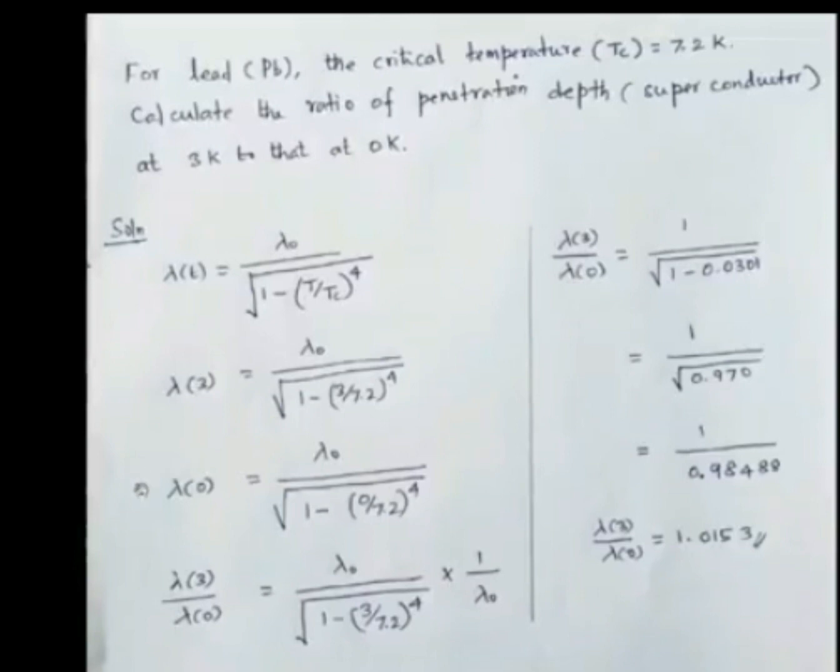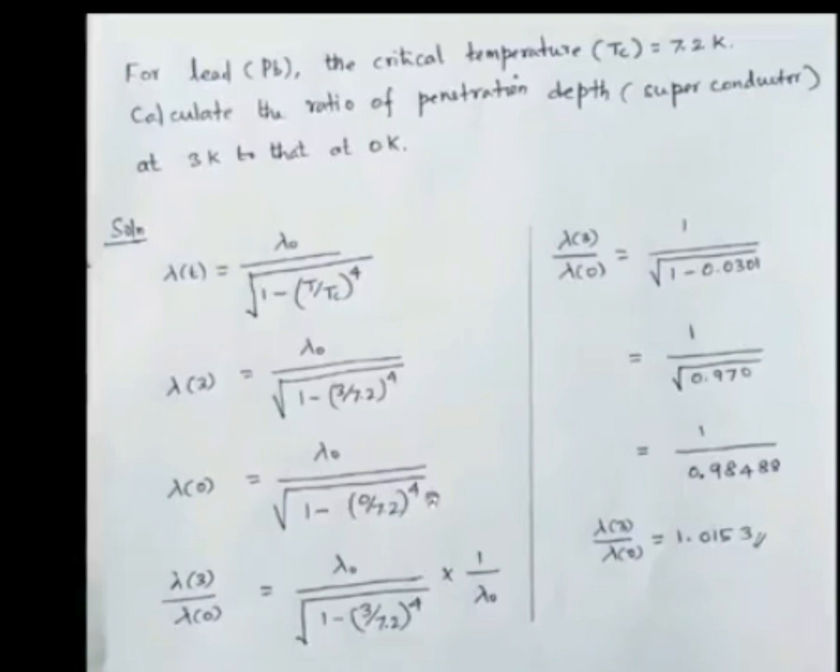Similarly, we will substitute the temperature 0 Kelvin in this equation. Therefore lambda of 0 is equal to lambda naught divided by root of 1 minus (T by Tc) power 4, where the temperature of the experiment is 0 Kelvin and Tc is 7.2 Kelvin.